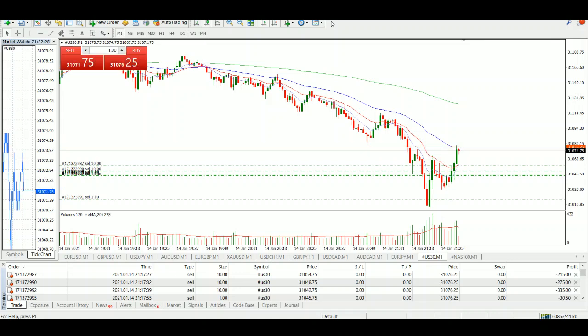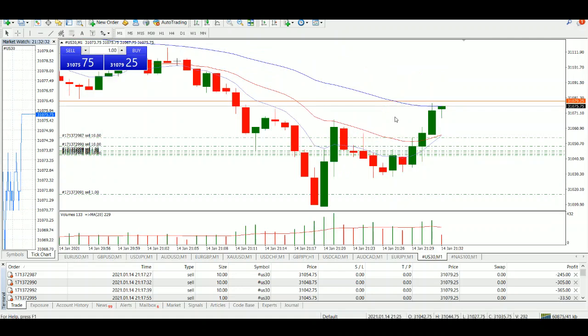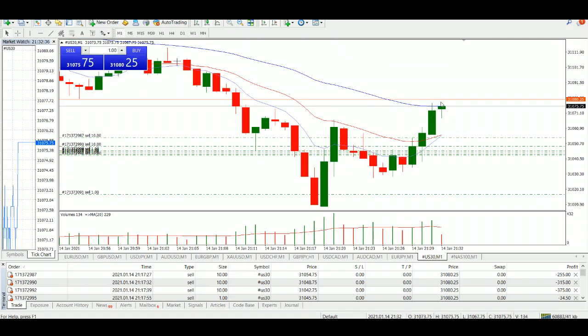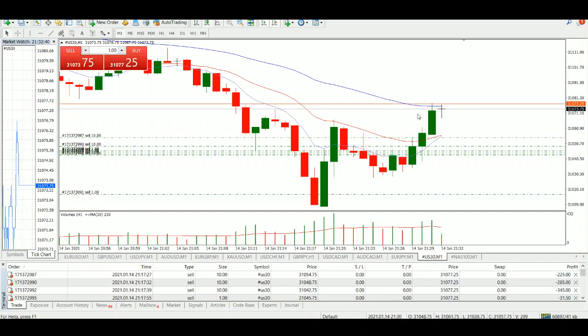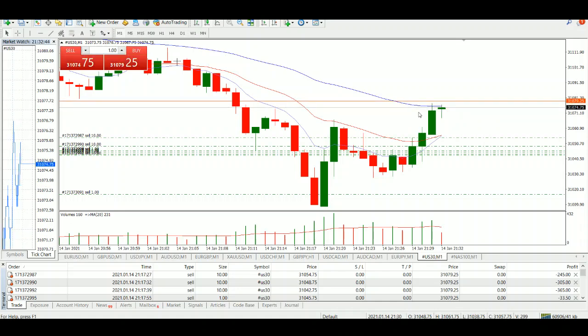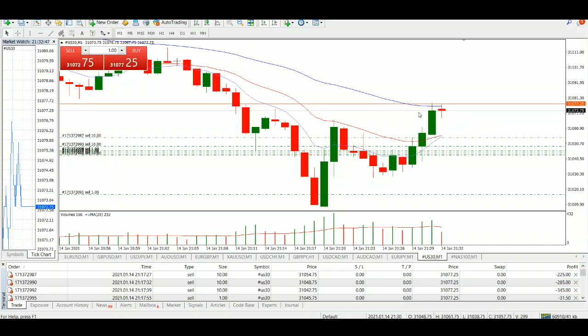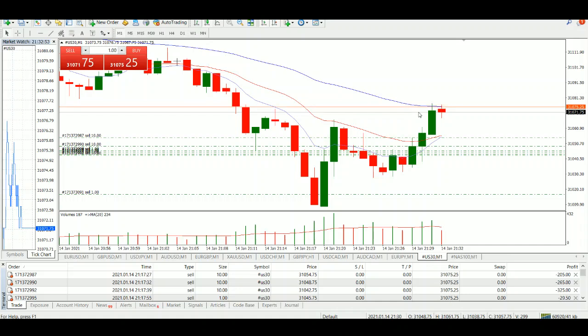So price is now below EMA 50 and closed below it. As you can see in the previous candle, the price tried to break above EMA 50 but was rejected and closed below it, indicating that the price will be bouncing off from there. So we are waiting for this bounce off.